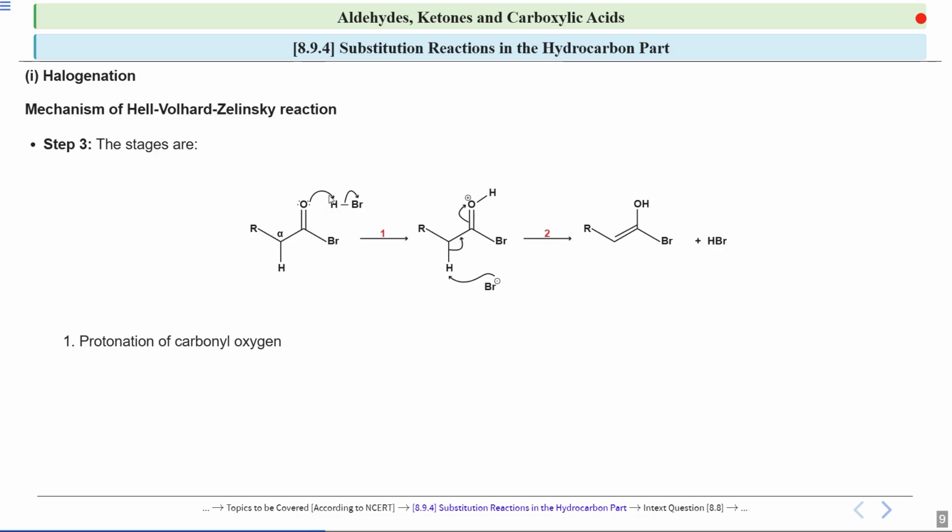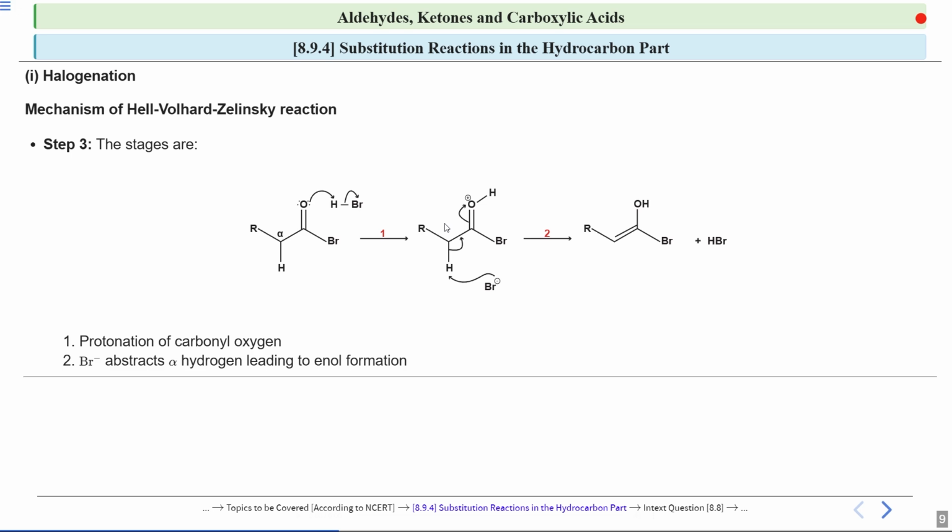This is the carbonyl oxygen and this oxygen is protonated, which means that a hydrogen ion, H plus, attaches to the oxygen atom of the carbonyl group, which makes it more positively charged. This increases the reactivity of the molecule. So this oxygen of the carbonyl group gets protonated here, and this oxygen now has a positive charge.